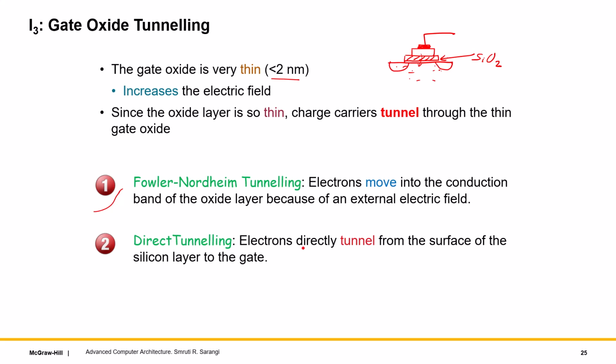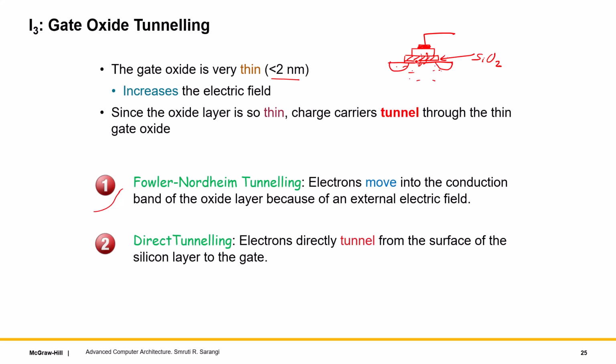The other is that again, because of purely quantum reasons, electrons directly jump from the surface of the silicon to the gate via these 2 nanometers, and that has to do with the quantum nature of the electrons, the wave nature, right? Their position is uncertain, and if you follow the quantum mechanical equations, you can see that one solution for them is that they directly jump from here to here, and that results in a current flow.